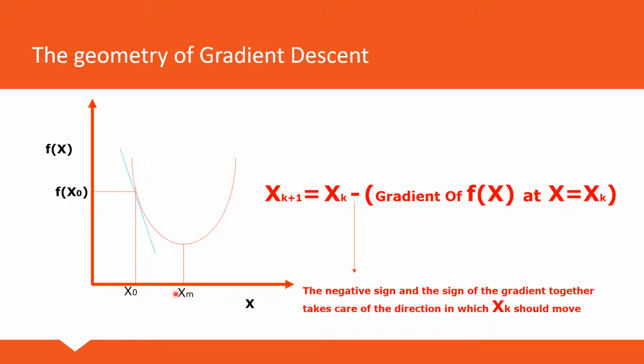That part is fairly obvious. So if the initial choice is to the left of xm, then the gradient is positive, and we add something to x naught to make it closer to xm, and vice versa if x naught is to the right of the desired solution xm.